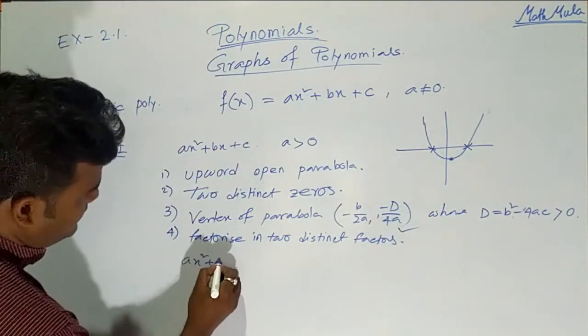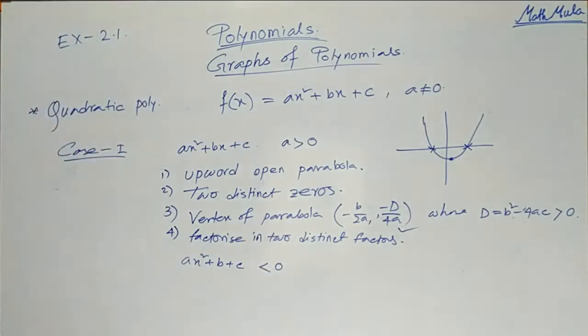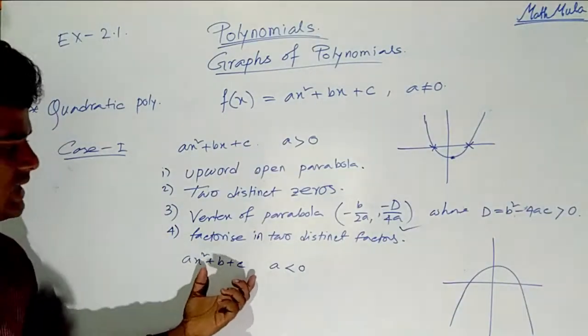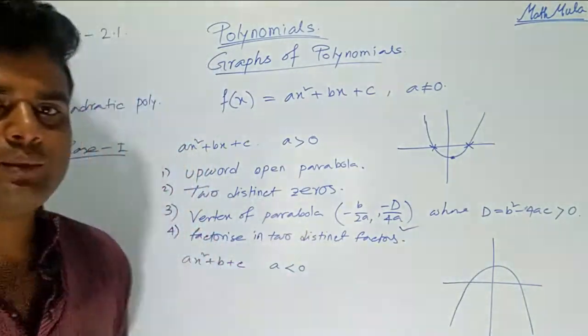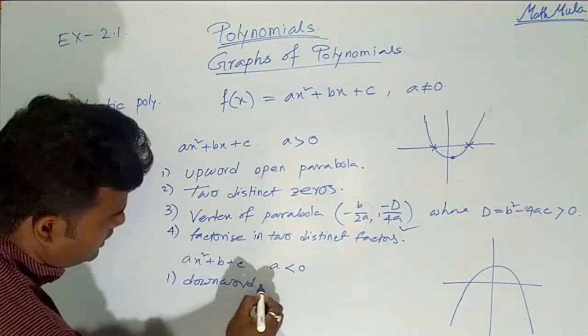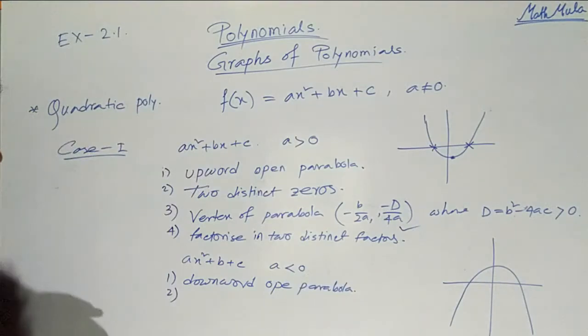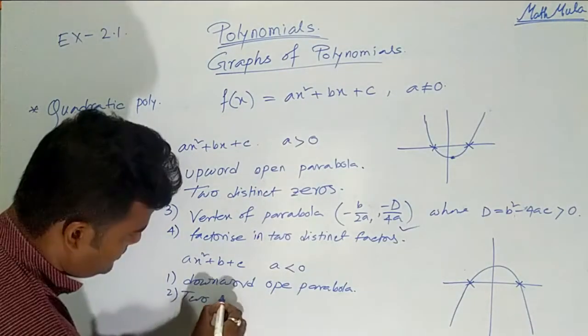When ax² + bx + c is less than 0, then the curve will be like this. For this type of graph, the graph will be a downward open parabolic curve. First, downward open parabola. Number 2, it has two distinct zeros.